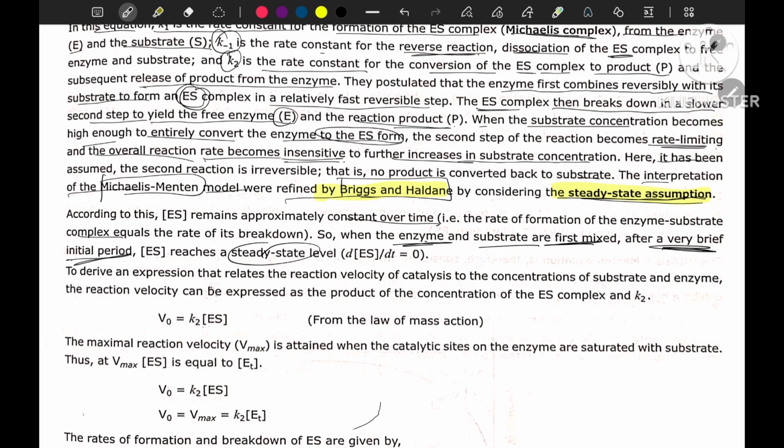This change is 0. To derive an expression that relates the reaction velocity of catalysis to the concentration of the substrate and enzyme, the reaction velocity can be expressed as the product of the concentration of the ES complex and K2. So V naught is equal to K2 times [ES], from the law of mass action.